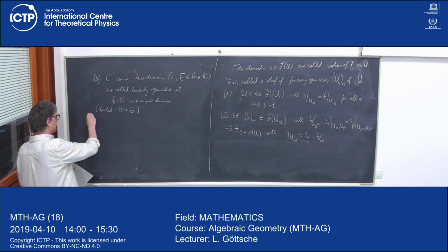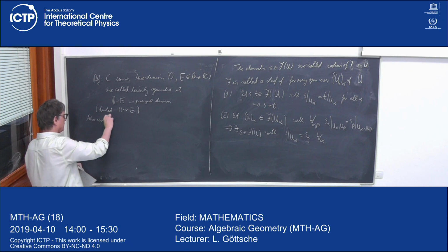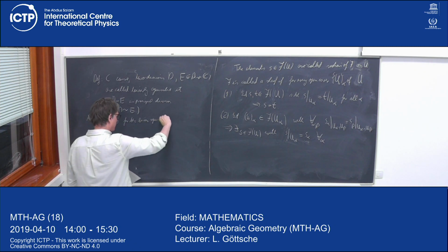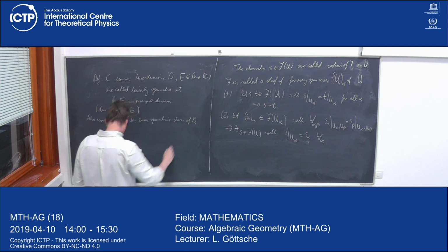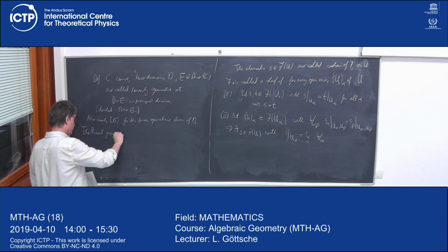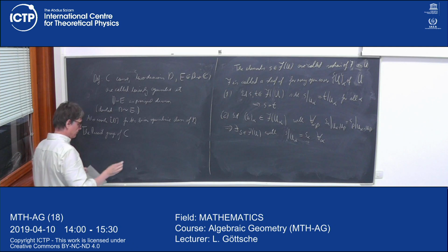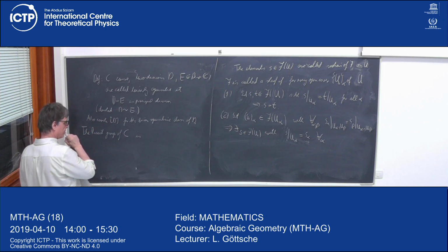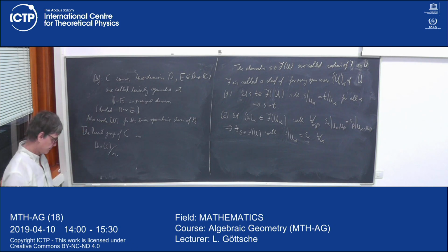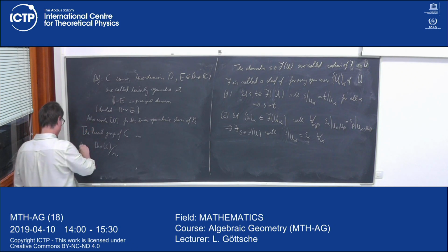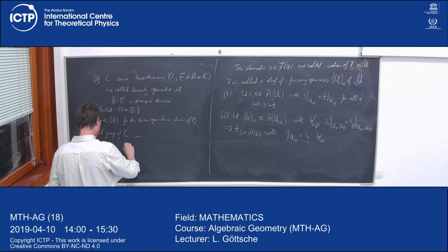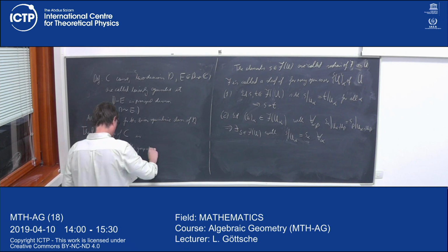And I also write D for the linear equivalence class of D. So thus, the Picard group of C, Pic C, is just the group of divisors of C divided by the linear equivalence, so the group of equivalence classes.